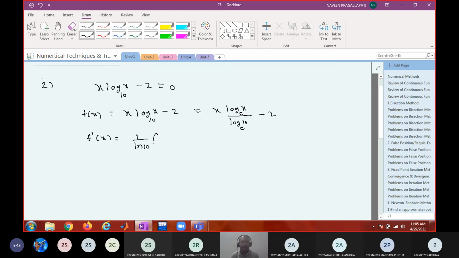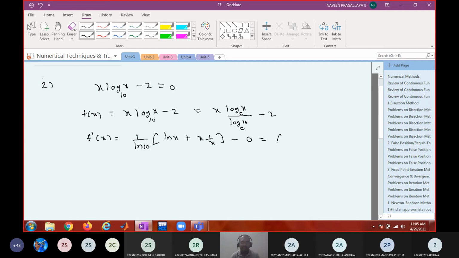Apply the derivative of x log x. So what is the derivative? ln x plus x into 1 by x, minus derivative of 2 is 0. Do you agree or not?